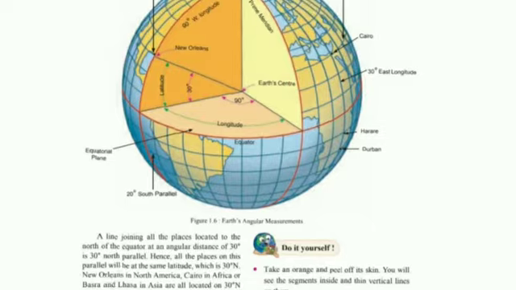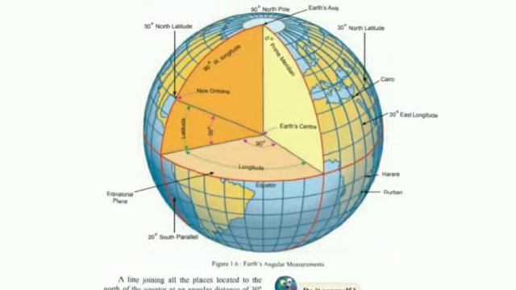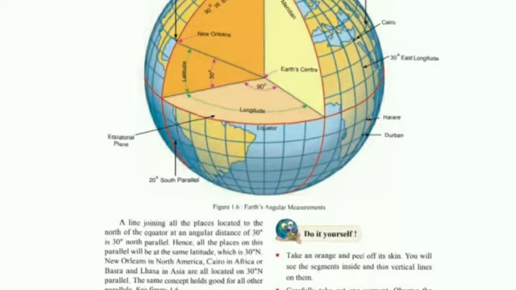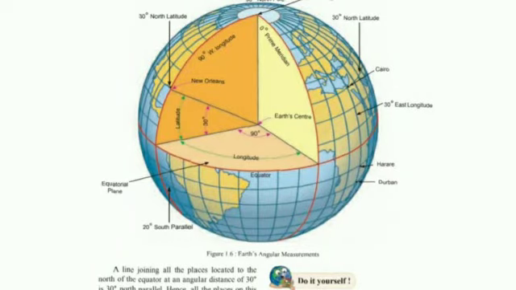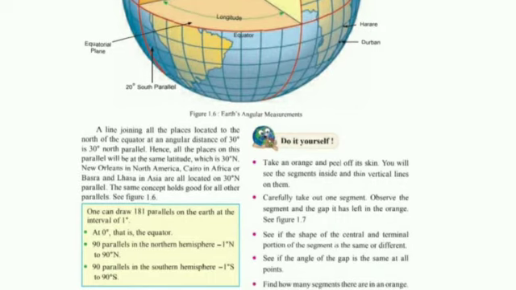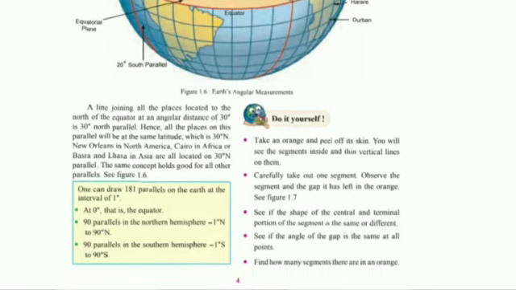New Orleans in North America, Cairo in Africa, and Basra and Lhasa in Asia are all located at the 30 degree parallel. 30 degree parallel means they are all at an angular distance of 30 degrees from the equator.